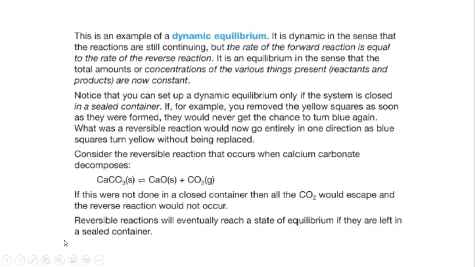But when you do it in a sealed container, the carbon dioxide gas can combine with calcium oxide to give you calcium carbonate. And eventually, the rate at which the forward reaction is happening is going to be equal to the rate at which the backward reaction is happening. When you reach that stage, that stage is known as dynamic equilibrium.